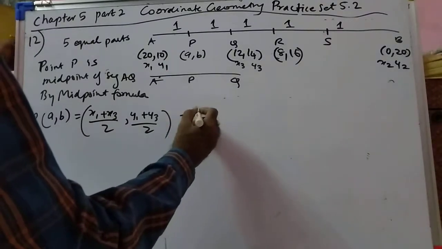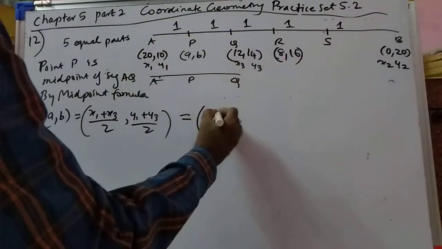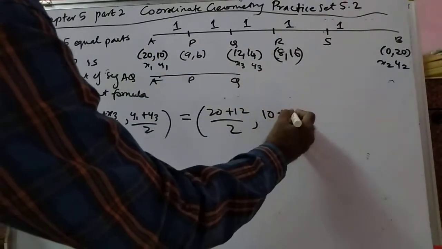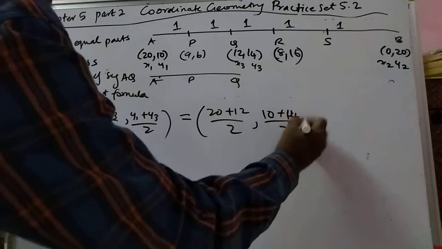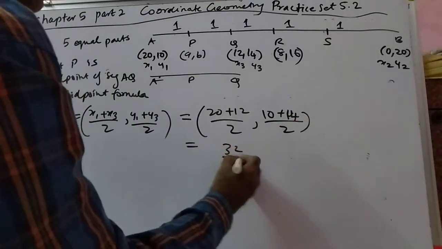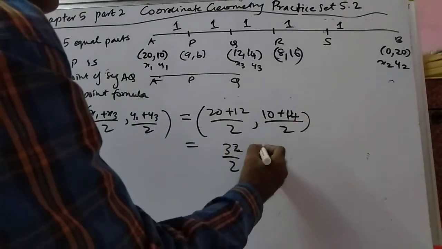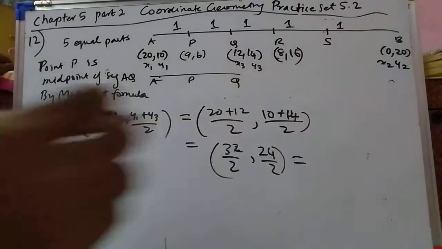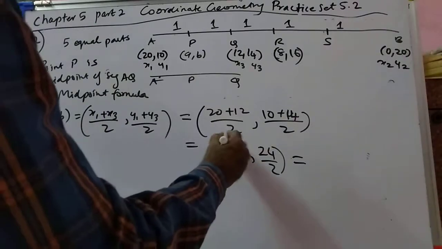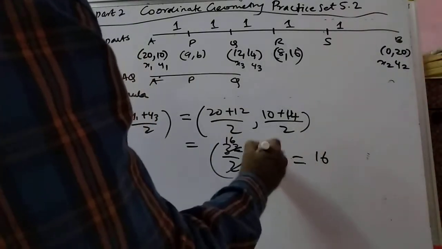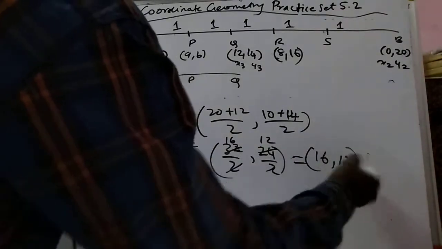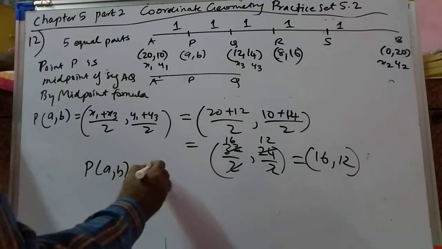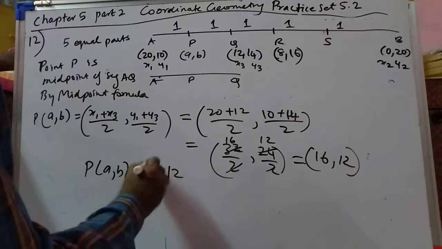So that will become (20 plus 12) upon 2, (10 plus 14) upon 2, 32 upon 2, and that will become 24 upon 2. Okay, that is correct. So therefore point P (a, b) is equal to (16, 12).